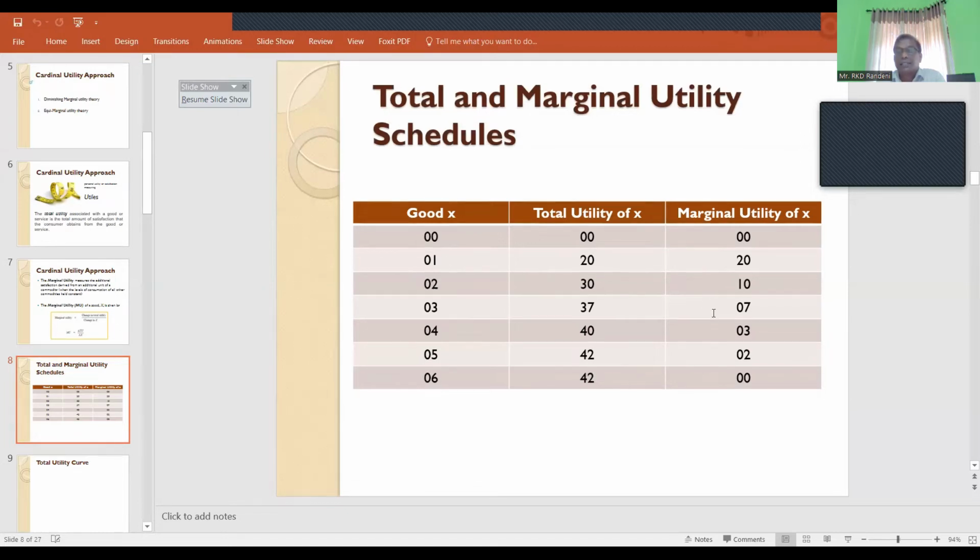Here 0 to 1, that is 20, then 20 divided by 1 is 20. Here 1 to 2, 10. The difference is 1. You can write directly the difference, that is 10, 7. Like that, you can get the marginal utility. You can realize.